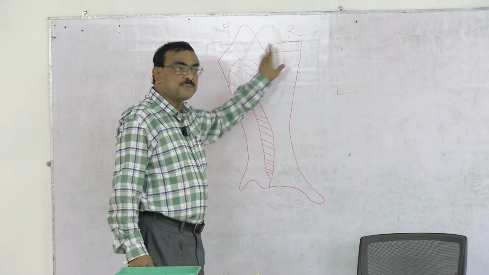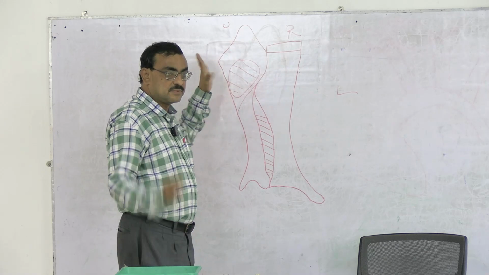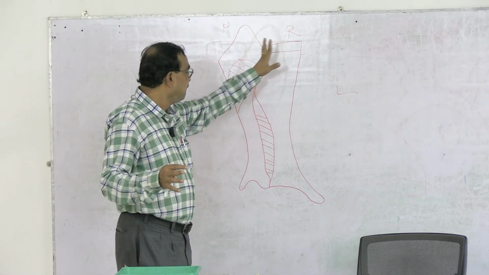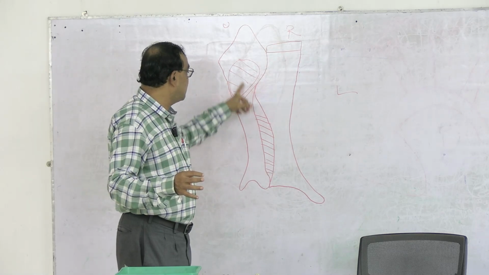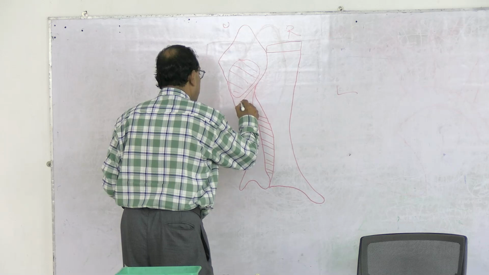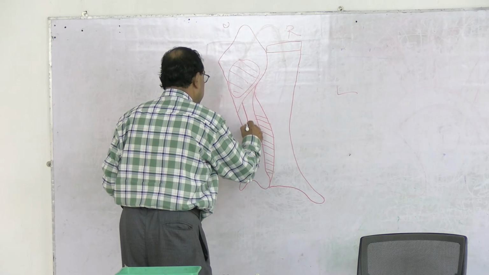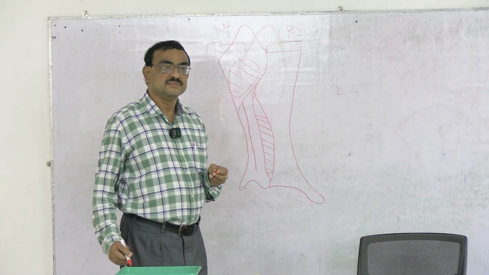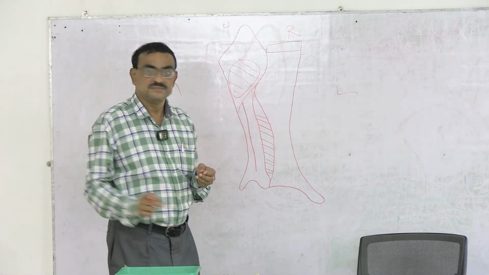This is the posterior aspect of the radius and ulna. Okay, and this is the oval impression, and here we are getting one bony ridge, a linear ridge.